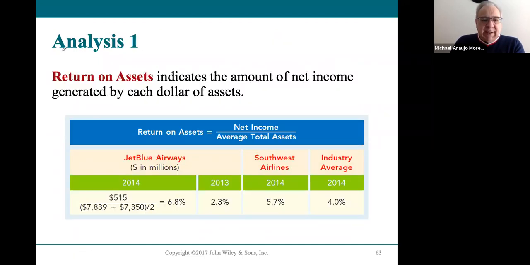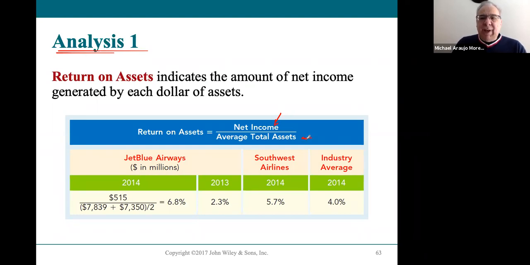One of the things, there's two pieces of analysis we're going to be looking at. The first is something called a return on assets. Okay. And a return on assets is how much profit are you generating from your total assets? Okay.